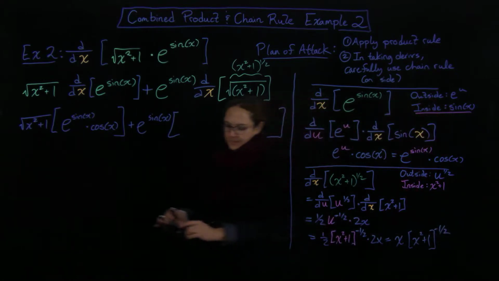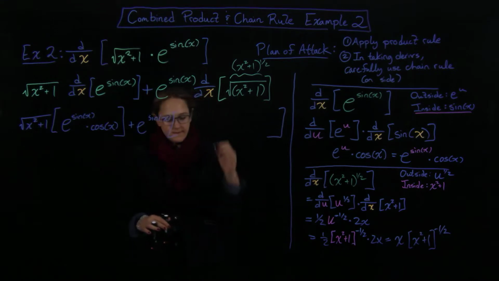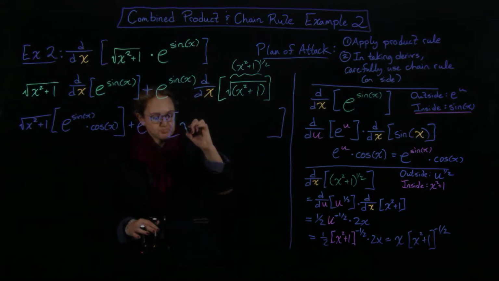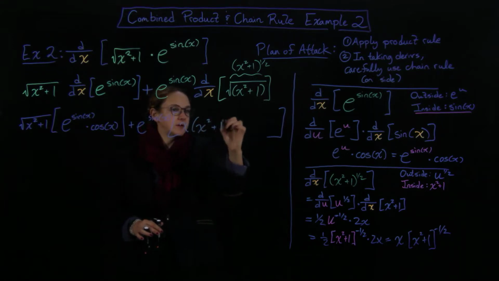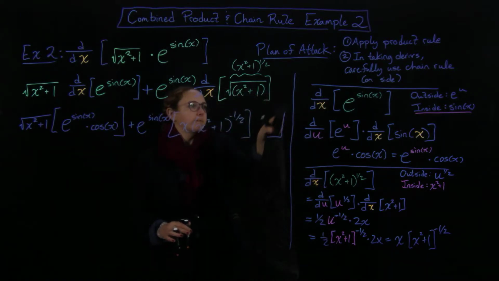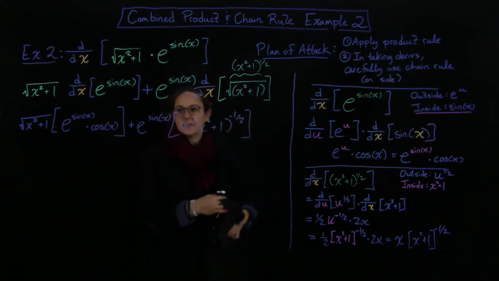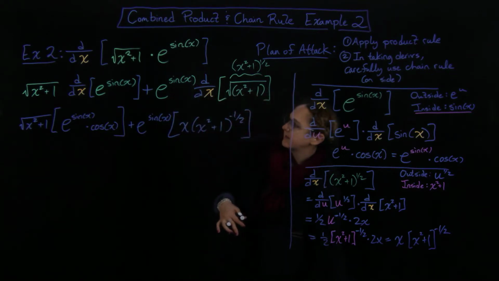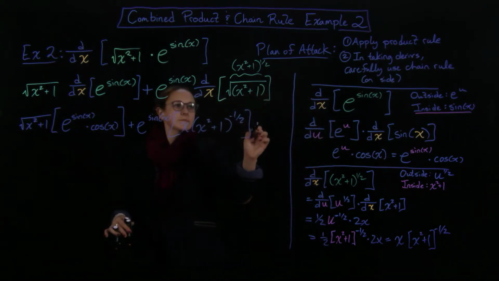Okay. So now I'm able to put this here. So I have x times x squared plus 1 to the minus 1/2. There could be some cleaning up or simplifying of this, but we're actually done, right? So we can just kind of box that. Boom.